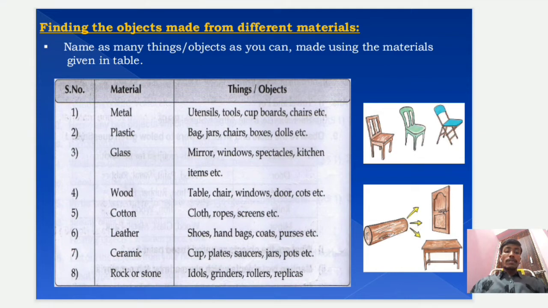Glass material is used to make things like mirrors, windows, kitchen items, spectacles. And wood is used to make tables, chairs, windows, doors, pots. These are also made from wood. Some other materials and the things made from them are also given in the table. Please note down this table in your notebook.